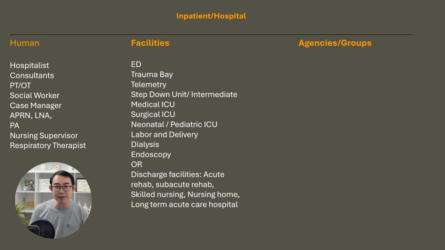Now the facilities, like I said, are more like physical locations. The ED is part of the facilities. Inside the ED, there is usually a trauma bay. There's a telemetry unit, a step-down unit, medical ICU, surgical ICU. There are specialized ICUs as well, like the cardiac ICU.